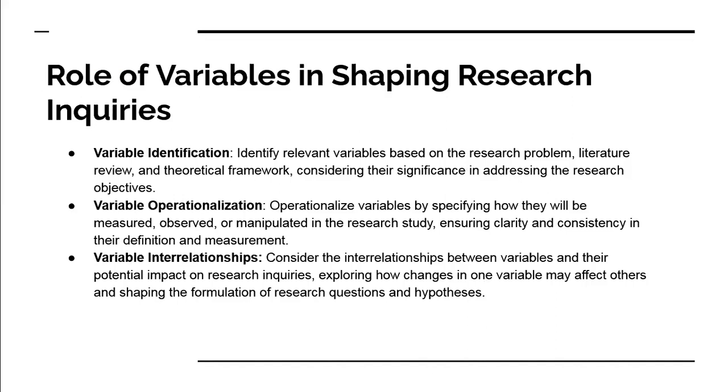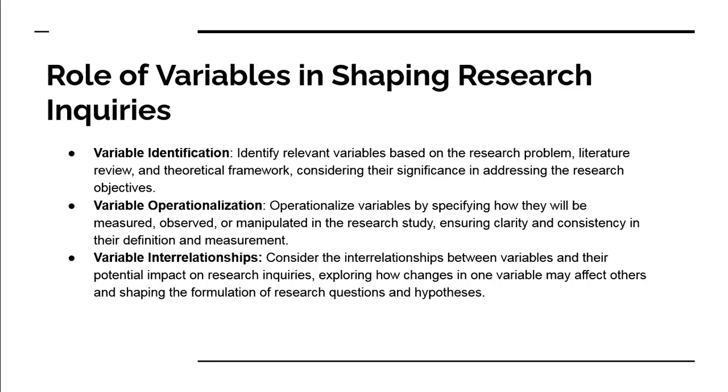What is the role of variables in shaping research inquiries? There are three different roles. One is variable identification: identify relevant variables based on the research problem, literature review, and theoretical framework, considering their significance in addressing the research objectives.